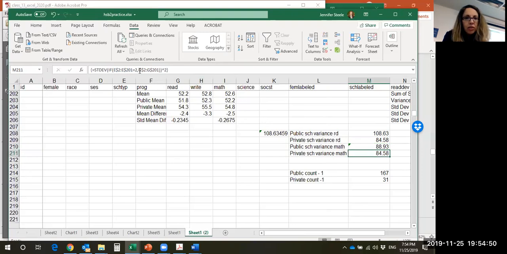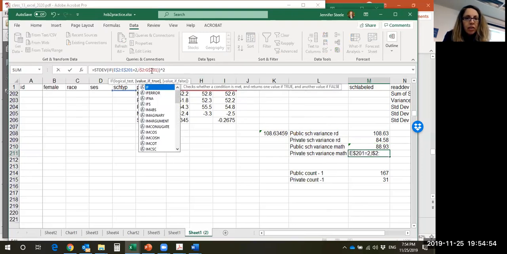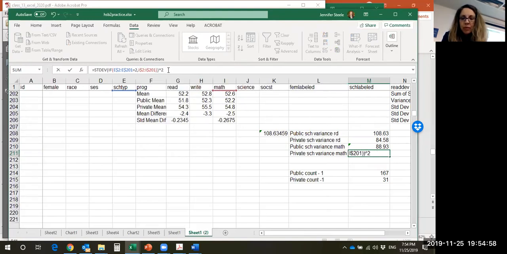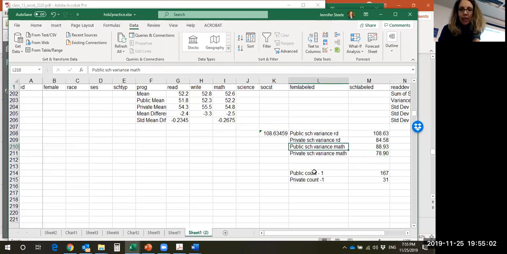And Control, Shift, Enter here. Actually, we change those to I's. Good. So I just did the variances for math, and the counts I don't have to do differently for math and reading because everybody has the same counts. I have full data for math and reading, so the counts are the same.